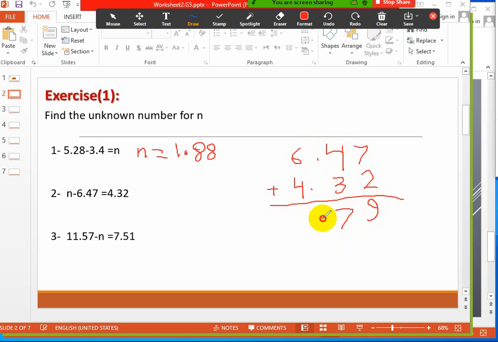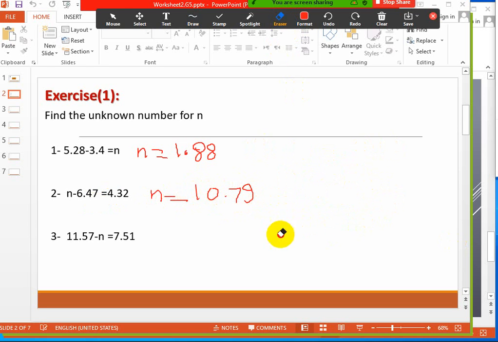I will take the decimal point down now. 6 plus 4. Very good. Very good, Sheikha. Thank you so much. So n equals 10.79. This is how I will find n, because I will take from this number 6.47, so the answer will be 4.32. Now let's see the last one.